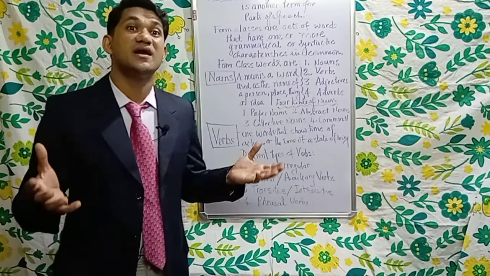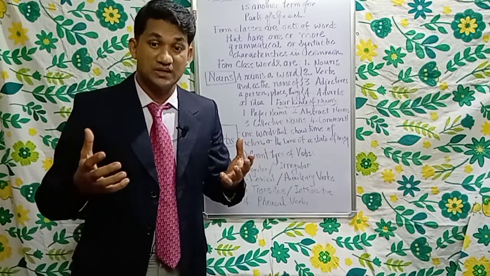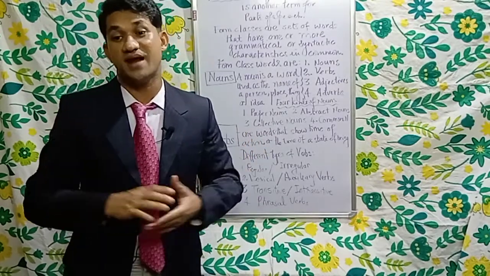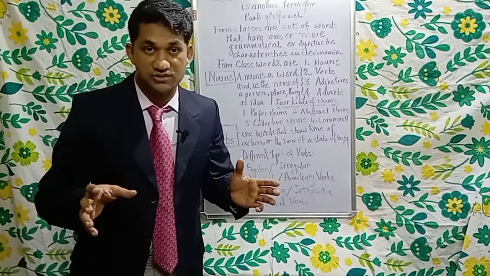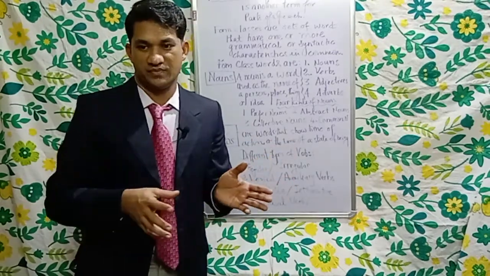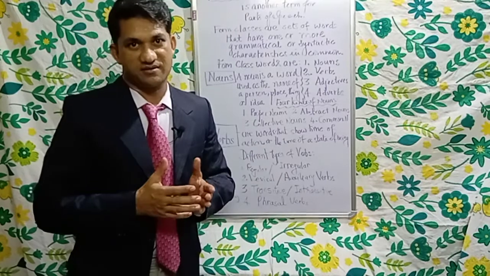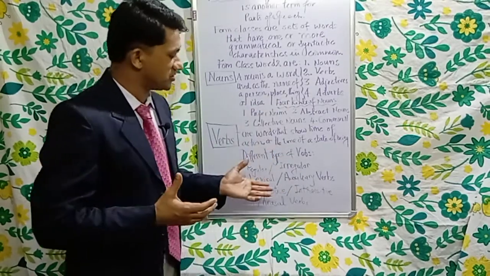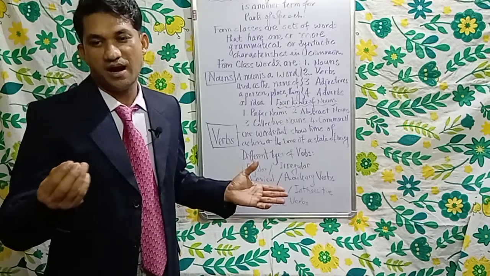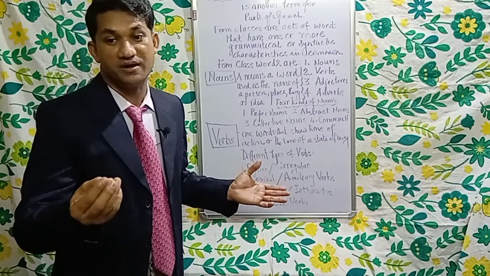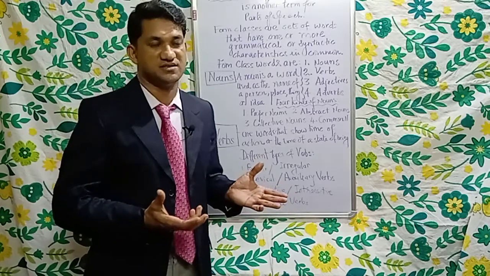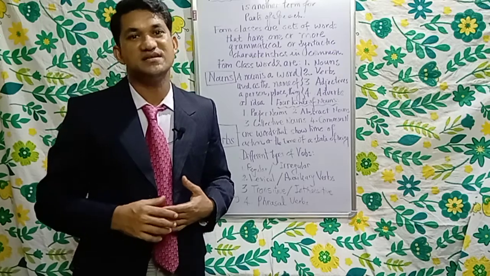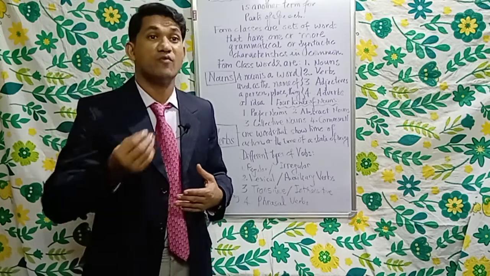Then we have numerical adjectives, which indicate certain numbers. 20 girls attended the function. He got the first rank. So 20 girls, first rank, second rank: such expressions have numeral adjectives. And now we come to the fifth type, quantitative adjectives.